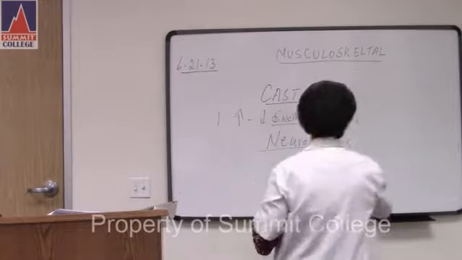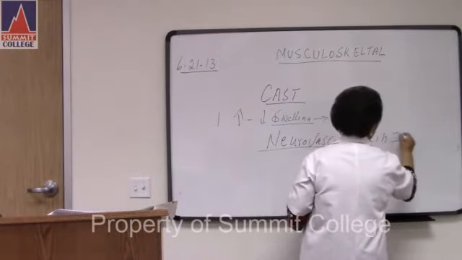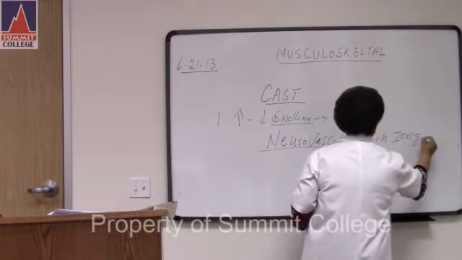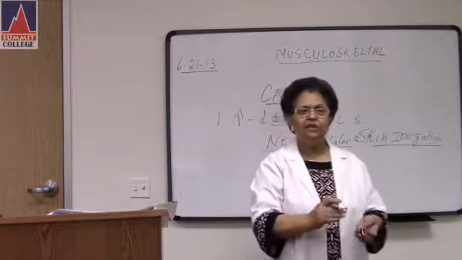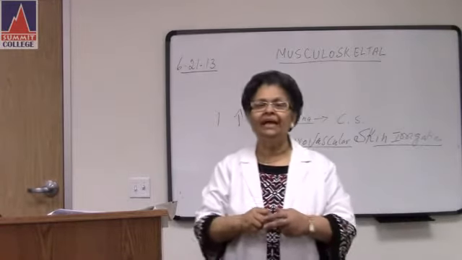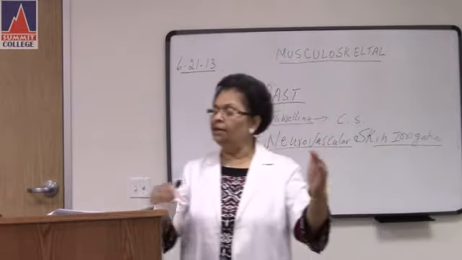Patient says, I'm having skin irritation. That means the skin is rubbing. Now sometimes your cast can be very rough on the edges. So if it is rough on the edges, what happens is rubbing. Are we clear?